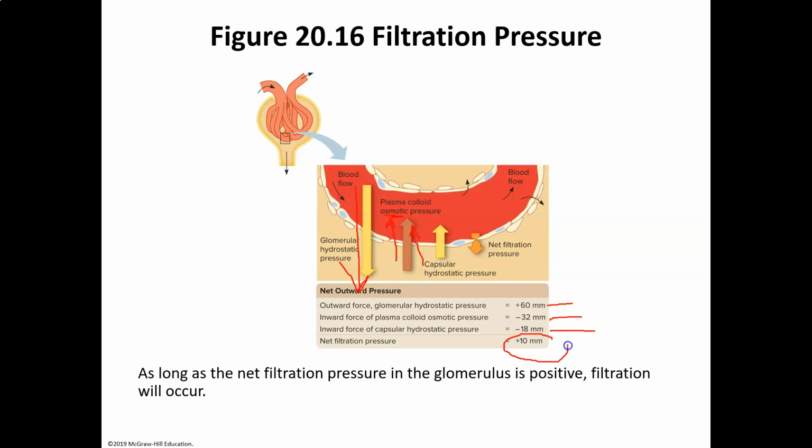Overall, you get about a plus 10 millimeter force that's pushing blood through Bowman's capsule into the proximal convoluted tubule. You would like to maintain that 10 millimeters of mercury as close to 10 as you possibly can. You really don't want this to vary very much.